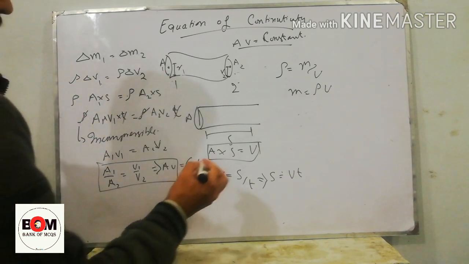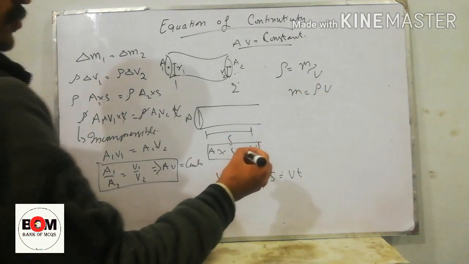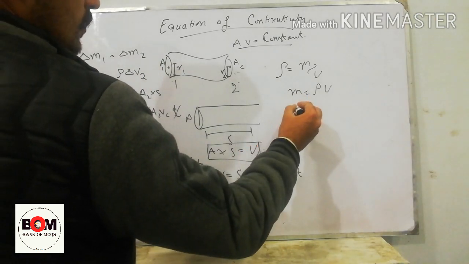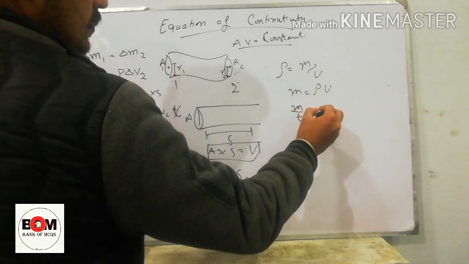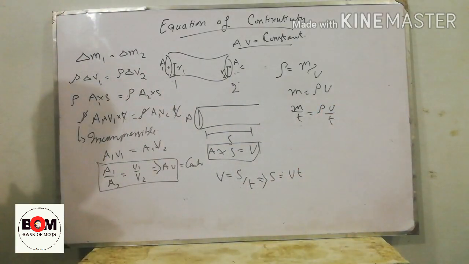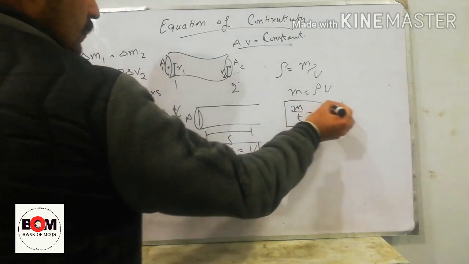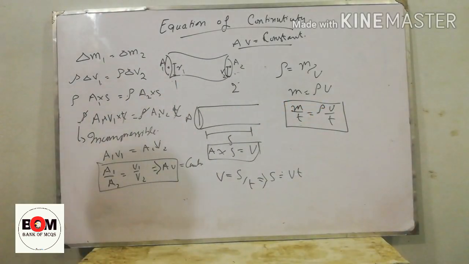Next, another point that will also help us. We know that density is equal to mass per unit volume. So the rate of change of mass is ρΔV by T. This is the equation for rate of mass.